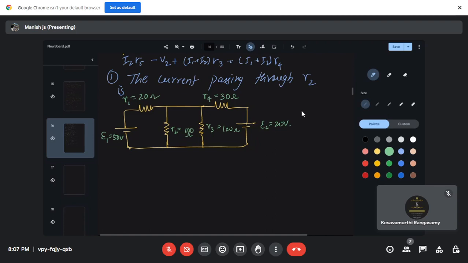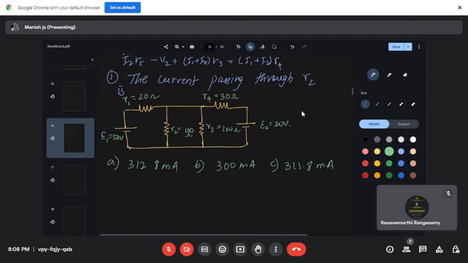That is the question. So I am giving you the options. Option A, 312.8 milliamperes. Option B, 300 milliamperes. Option C, 311.8 milliamperes.